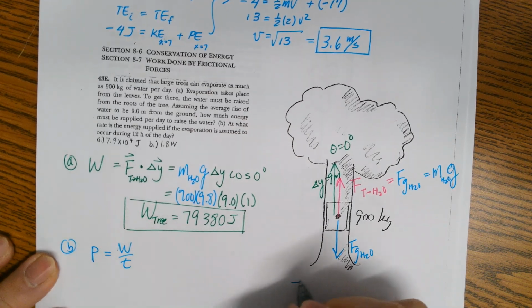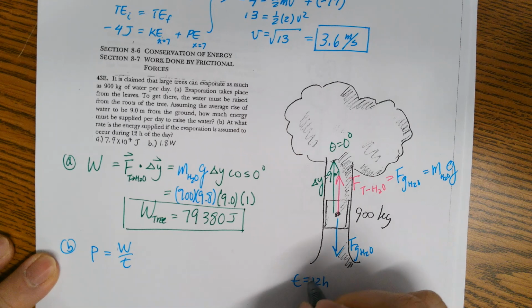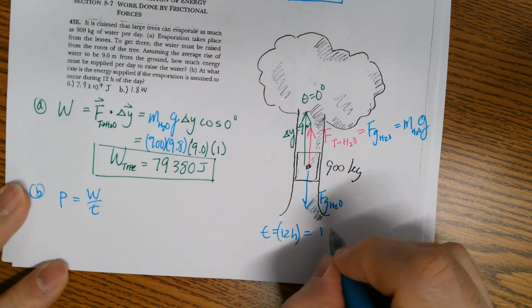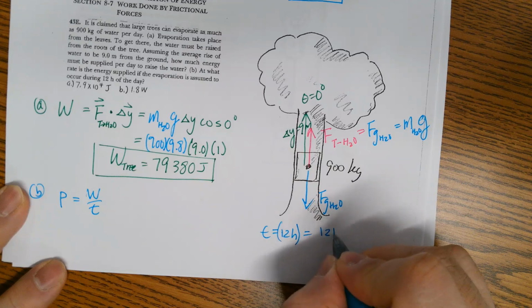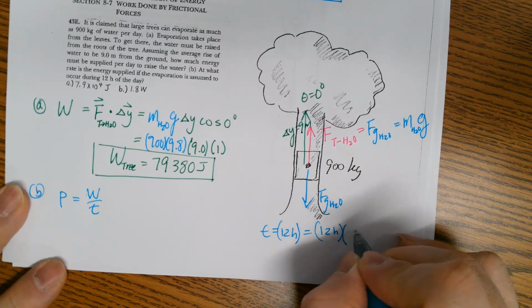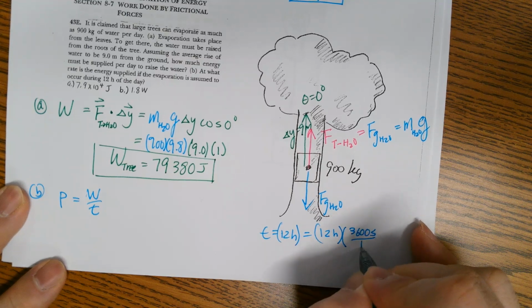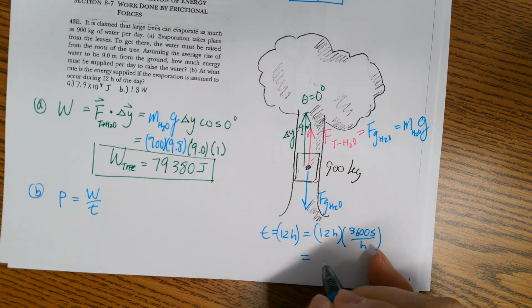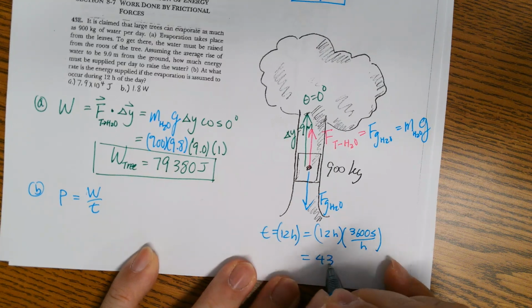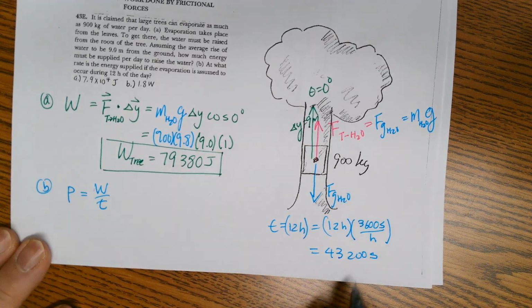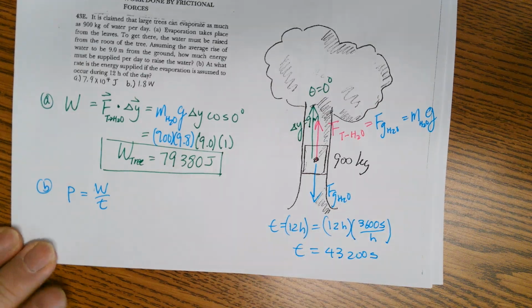But the time they give us is actually 12 hours, but we can't really use hours because we have to use the MKS system. So 12 hours times 3,600 seconds per hour, right? So if you work that out, then you get 43,200 seconds per 12 hours. So that's the time we have to use, all right?